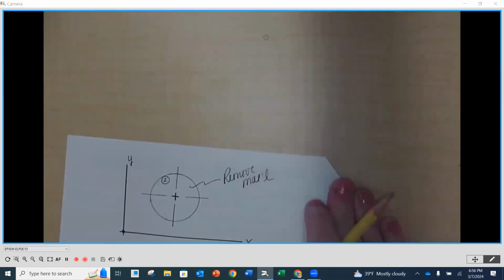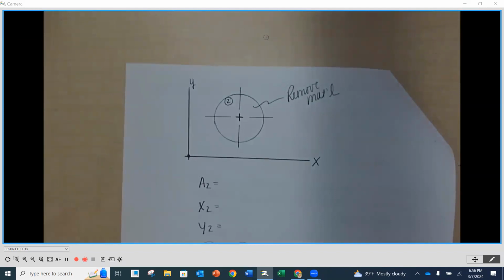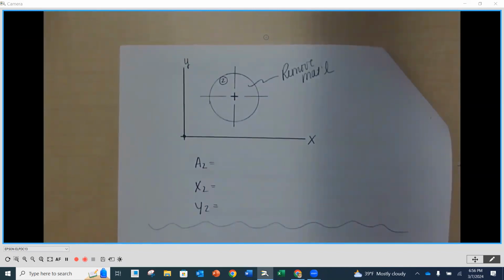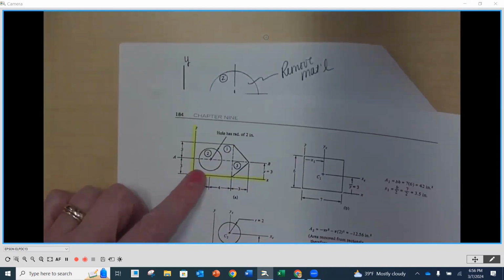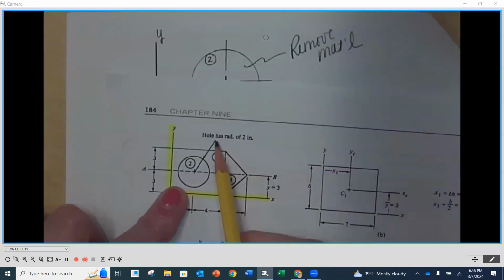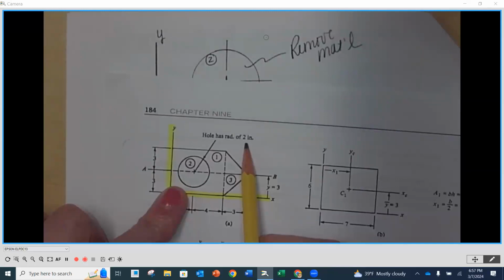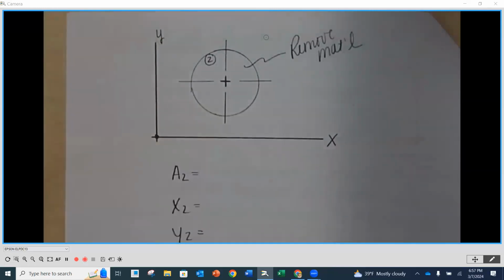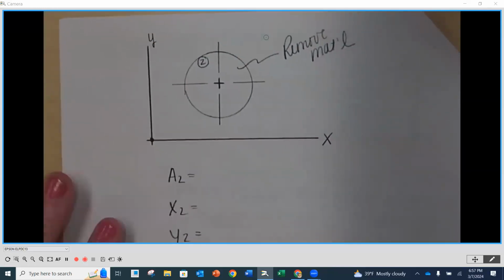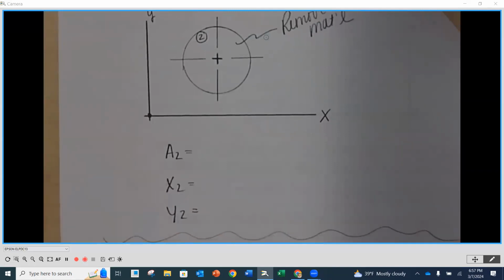So now we're going to do that very same thing for our next shape. Our next shape is our hole. Remember, we're removing the material here. Now, as far as the size, we have to go back to our original diagram, and up here, it says the hole has a radius of 2 inches. So I'm going to fill in the area right away. So using that 2 inches, what is the area of a circle?